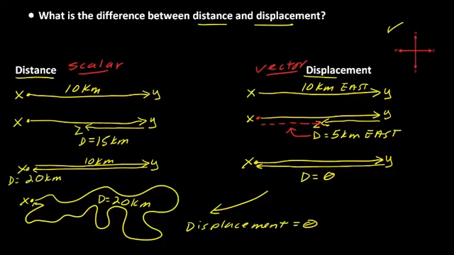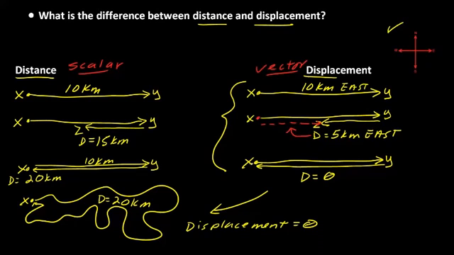So in the first situation up here, let's take a look at these three. In this first situation, your displacement is 10 kilometers east because you are displaced 10 kilometers east of the origin. In the second scenario, you are displaced 5 kilometers east of the origin.